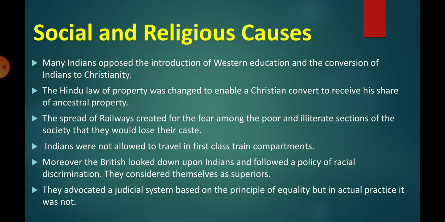Indians were not allowed to travel in first-class train compartments, because that was reserved for the Britishers. And the conservative Indians were alarmed by the rapid spread of Western culture and English education in India.